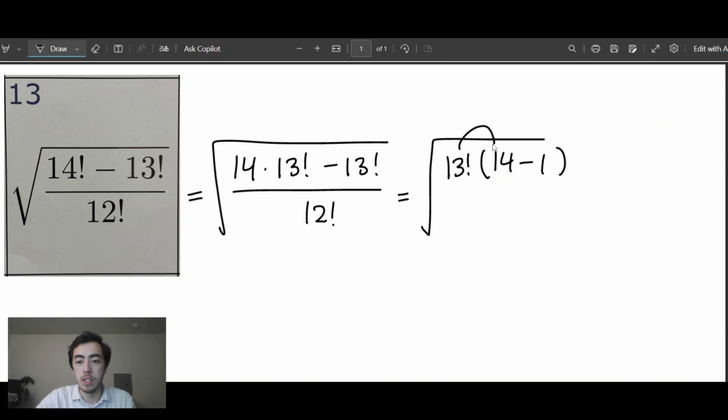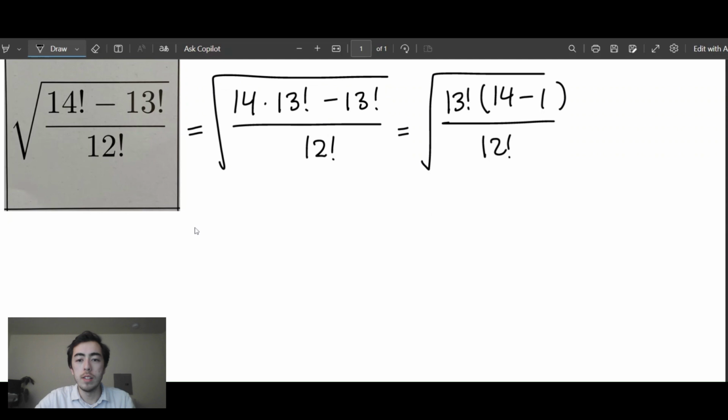You could imagine distributing this back in, and the first term is going to be 14 times 13 factorial, which is right here. And the second term will just be minus 13 factorial, because 1 times anything doesn't really change it. So I decided to factor out a 13 factorial, and I still have a 12 factorial on the bottom.